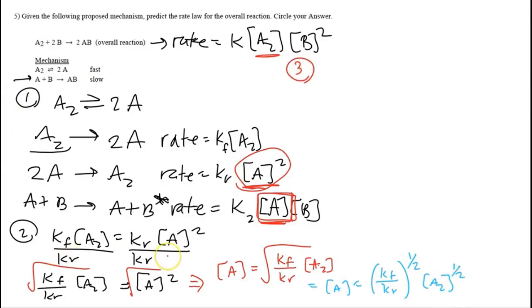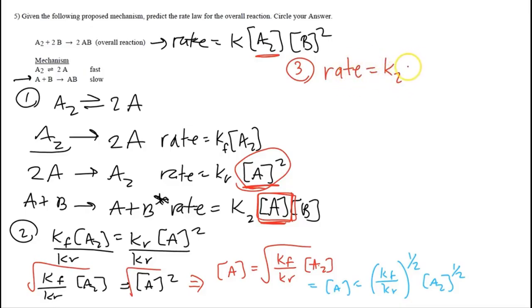Now, the next step, after we did 1 and 2, is to substitute our A value that we just solved for into our slow step so that we can get the rate for this reaction and predict the rate law. Let's go ahead and do that. Our rate is equal to K2.